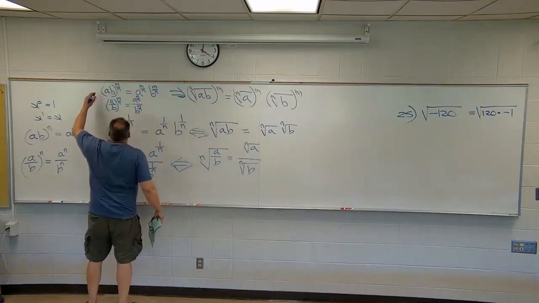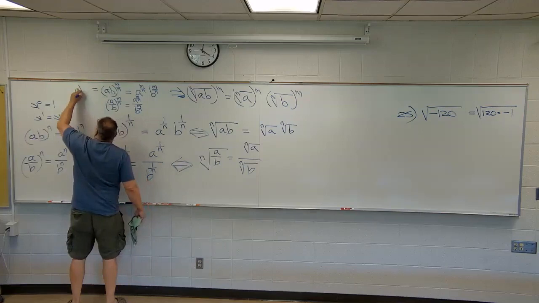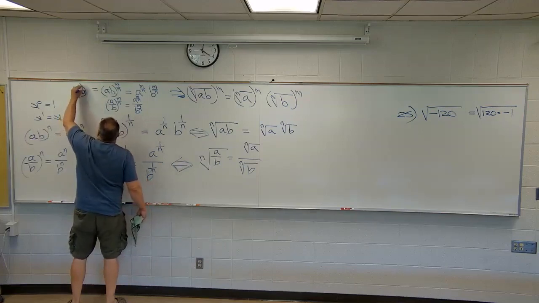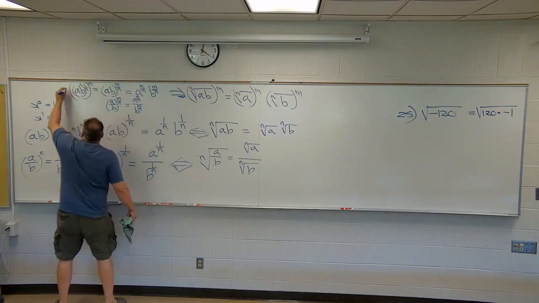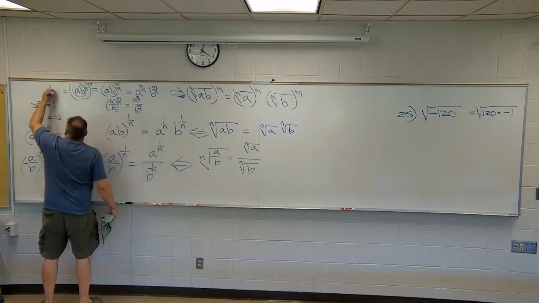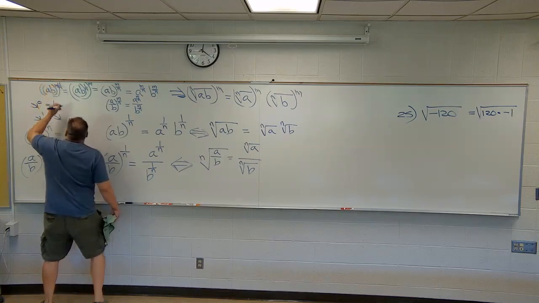Well, maybe this helps. Go AB, the whole thing to the 1 over n, the whole thing there to the m, which is this AB, the whole thing to the m, then the whole thing to the 1 over n.